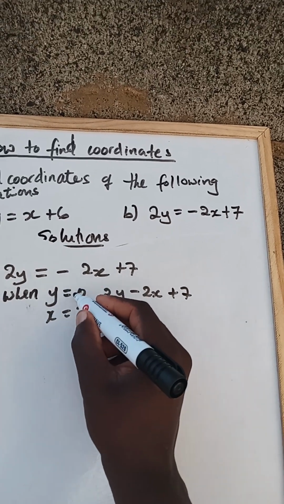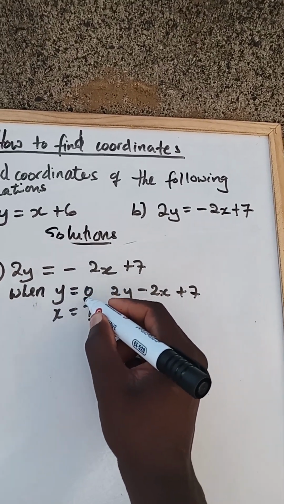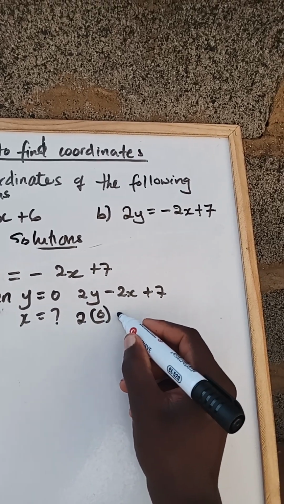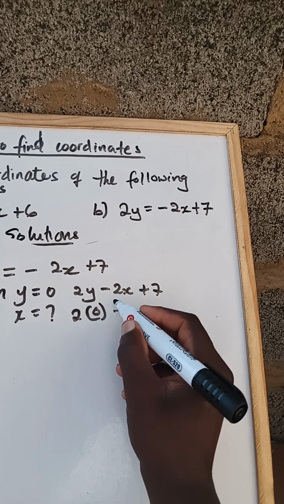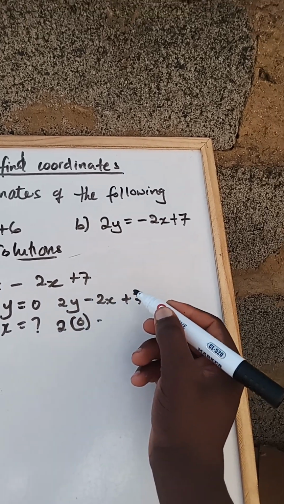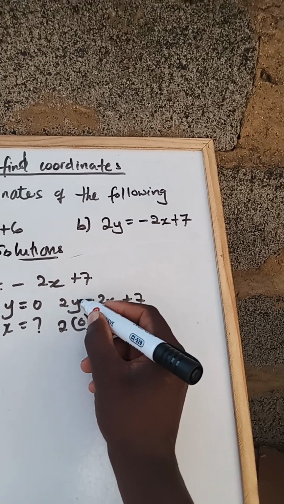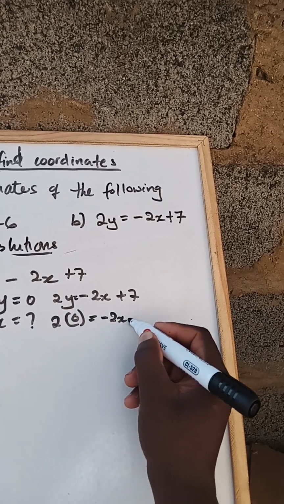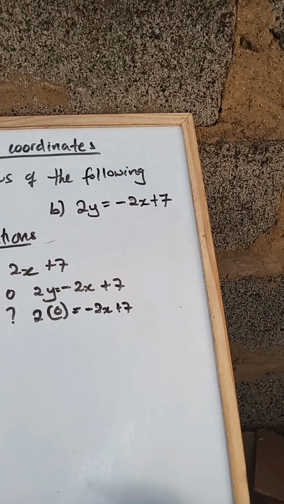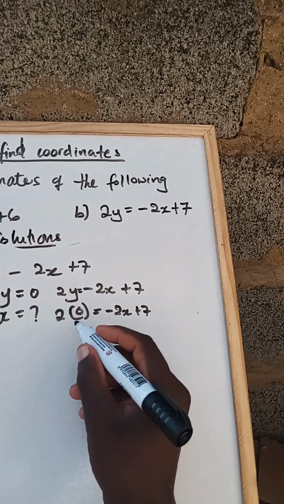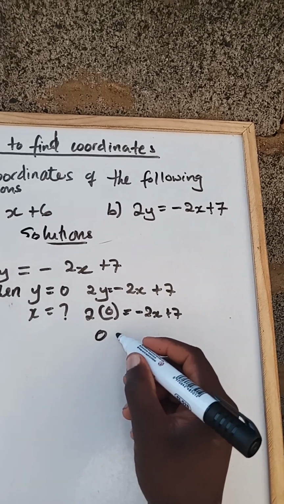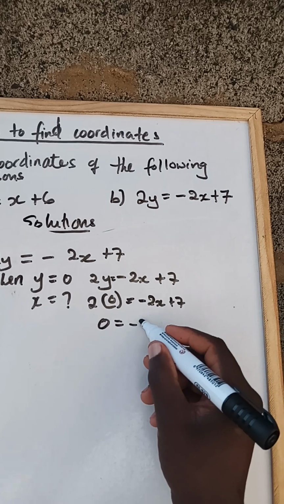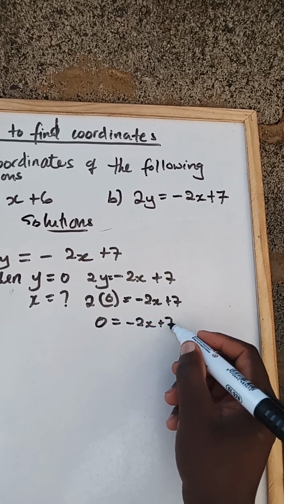So in this case, we are going to substitute 0 for y. 2 bracket 0 is equal to minus 2x plus 7. Alright, any number multiplied by 0 is 0. So 0 is equal to minus 2x plus 7.